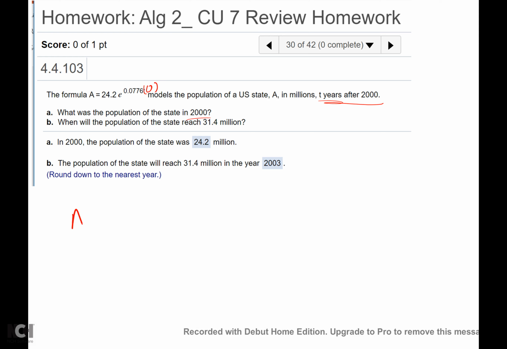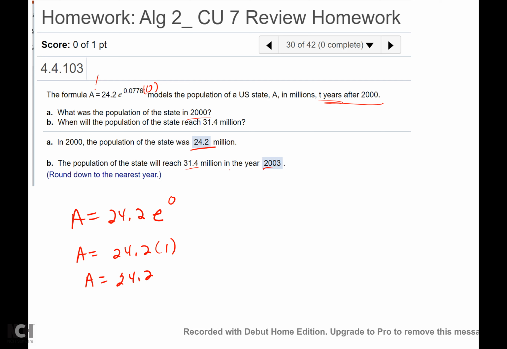And if I make t 0, that's e to the blah blah blah times 0, which is 0. E to the 0, anything to the 0 power is 1. So the amount in the beginning was 24.2.